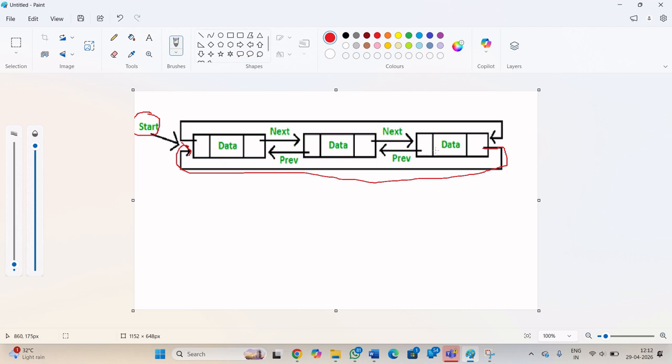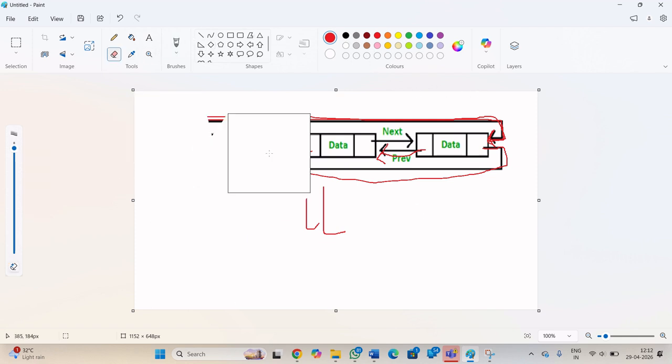And as in the doubly linked list, we have the previous part also here, and the previous part points to the address of the previous node, and the previous of the first node is the last node address, so it is called the doubly circular linked list. I think the point is clear to you.